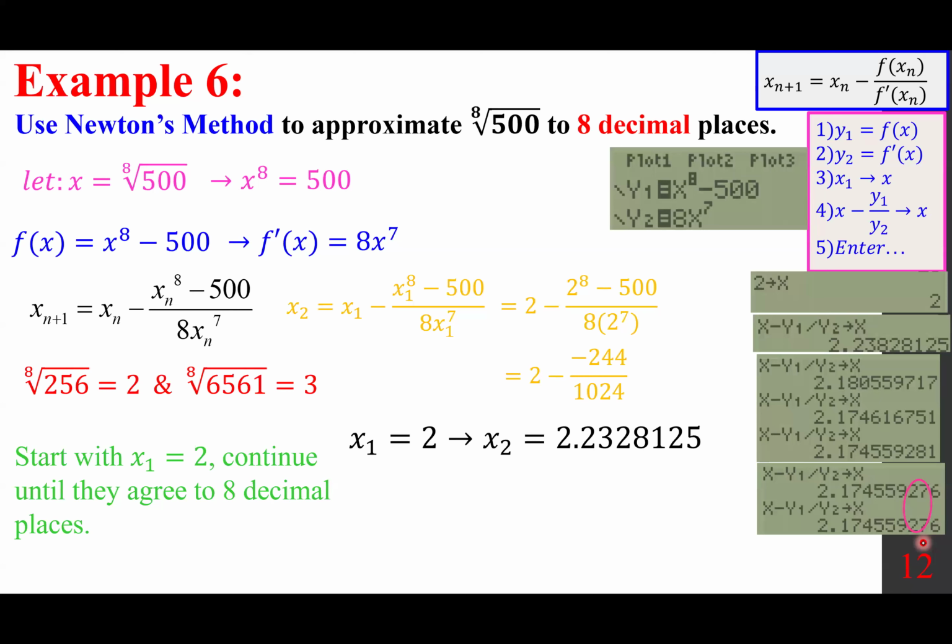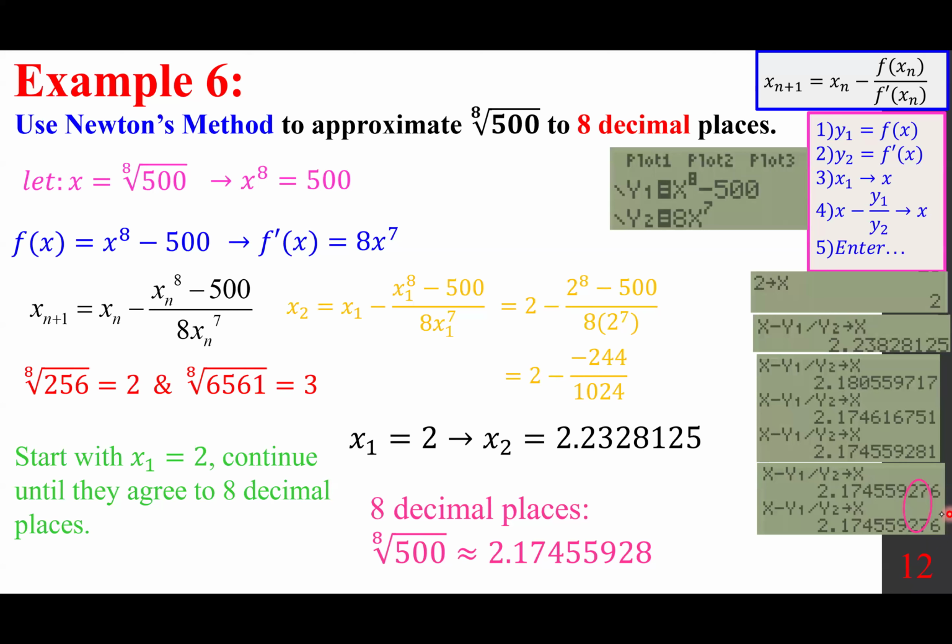So the 8th root of 500, if you stop here, 1, 2, 3, 4, 5, 6, 7, and you want to stop here, 7 next to 2, okay? And 6 next to 7, this 7 goes up to 8. So you write the same thing, 2.7, 7 changes to 8 because the last number is 6.